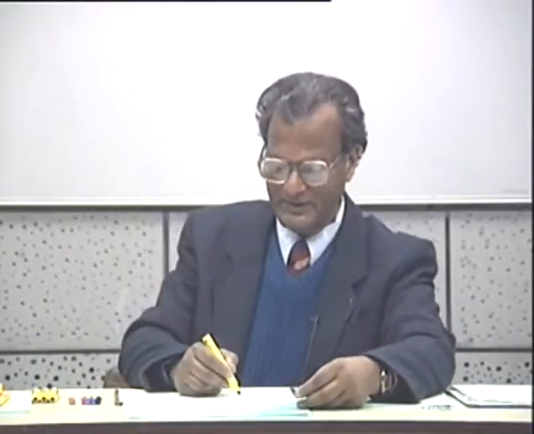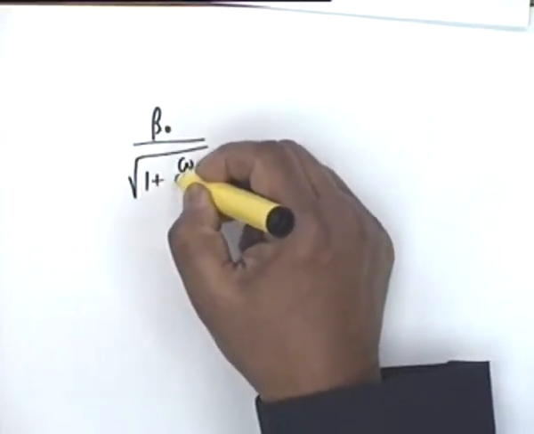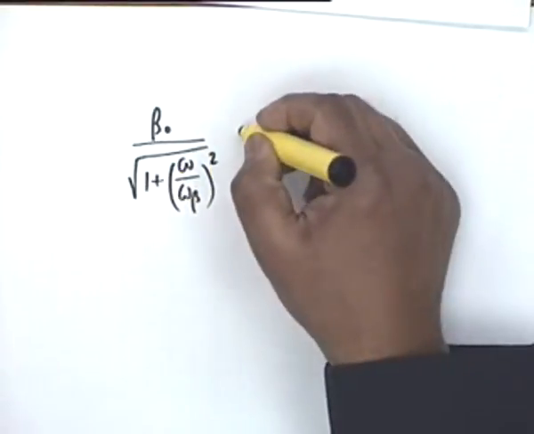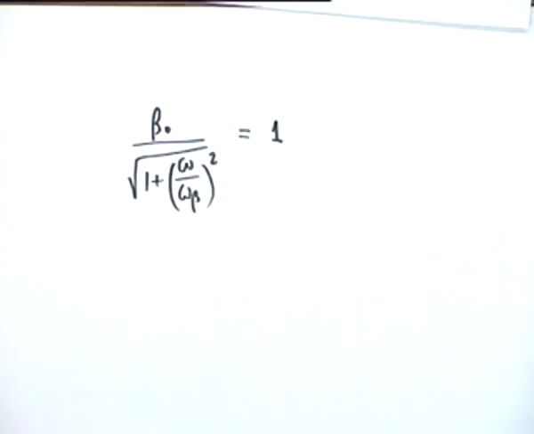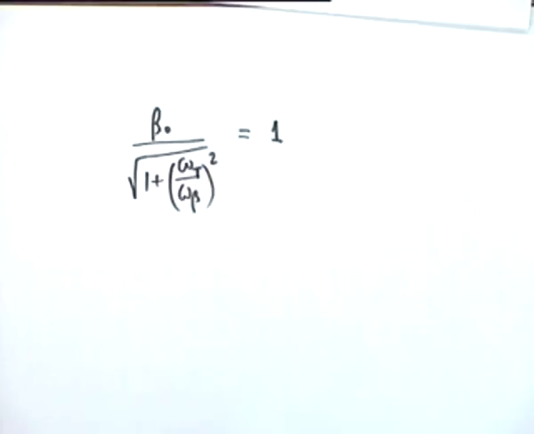Now let us see what this frequency is. You see, the magnitude is beta 0 over root of 1 plus (omega by omega beta) whole squared, and this is required to be equal to 1 at the frequency omega equal to omega t.